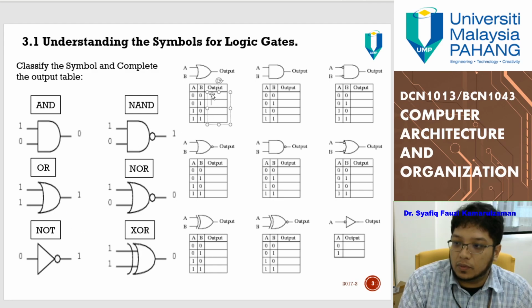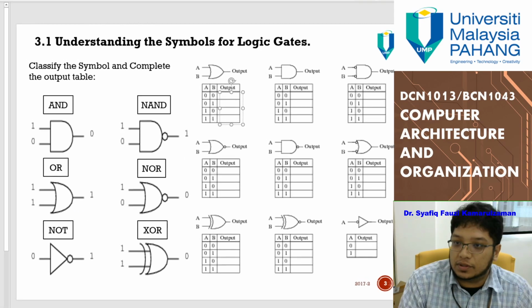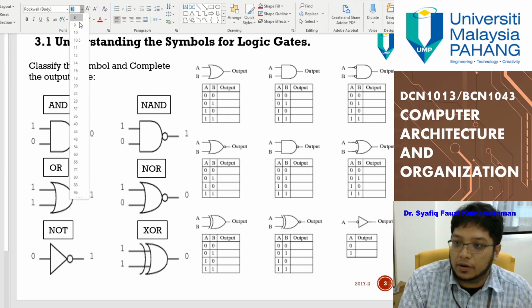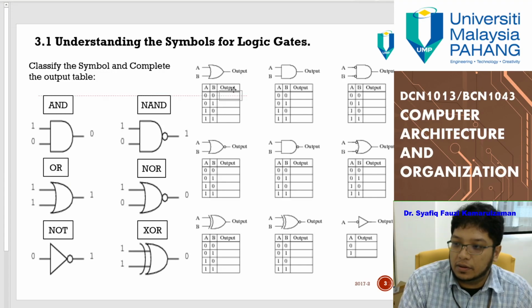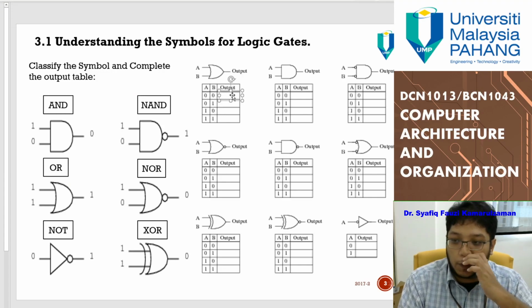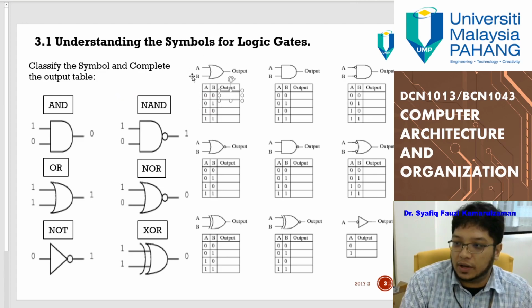I need to change the font a little bit. For 0 and 0, you look at this one: is it AND or OR? This one is OR. OR represents plus.